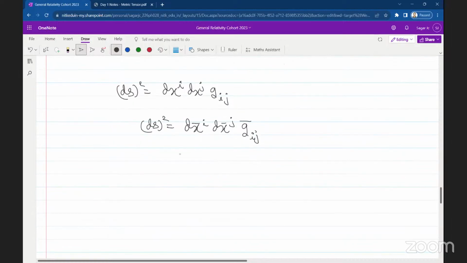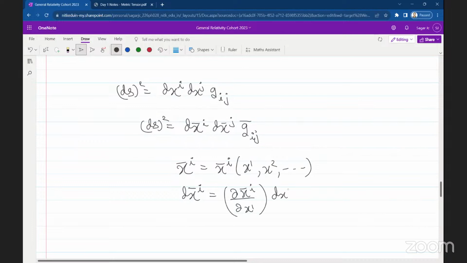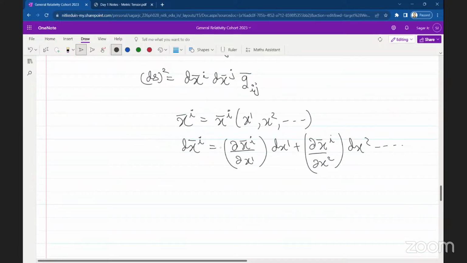Now we know how dx changes when we change the coordinate system. We know that any x bar i is a function of x1, x2, x3 and so on. So by the chain rule, or total derivative, we can write dx bar i to be how x bar i varies with x1 multiplied with dx1 plus how x bar i varies with x2 multiplied with dx2 and so on. This is the expression for a total derivative.